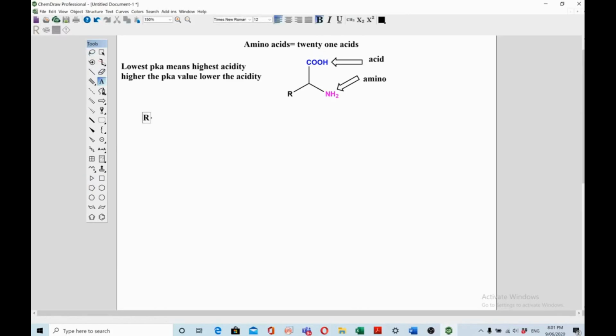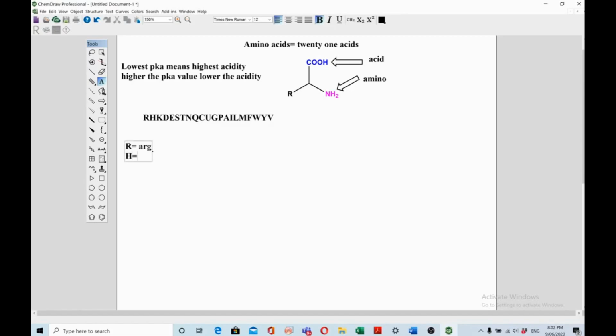Let me write all the amino acids in one letter so that it is easy: R, H, K, D, E, then S, T, N, Q, C, U, G, P, then A, I, L, M, F, W, Y, V. Now R is arginine, ARG.